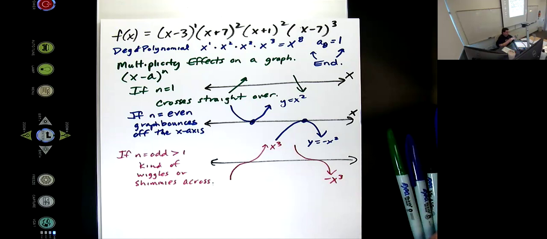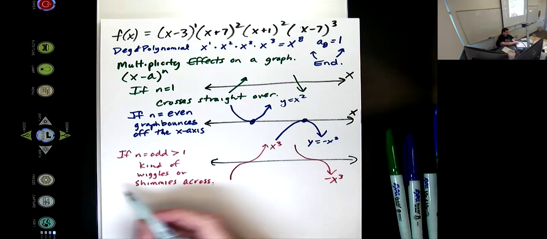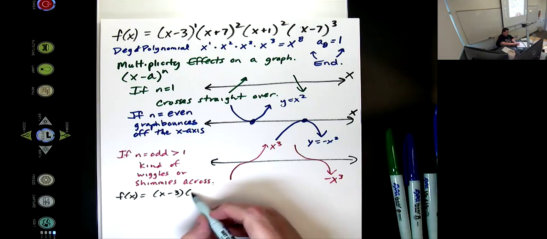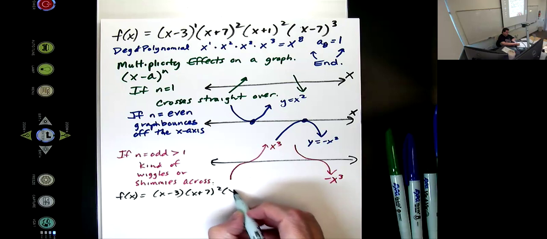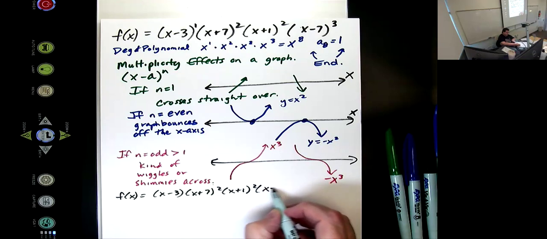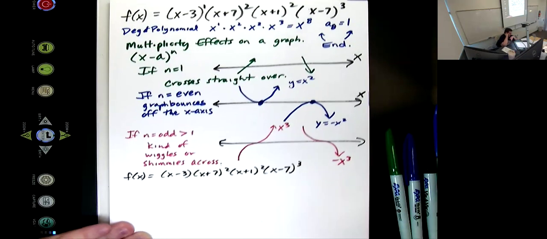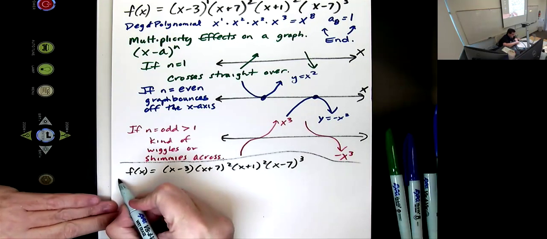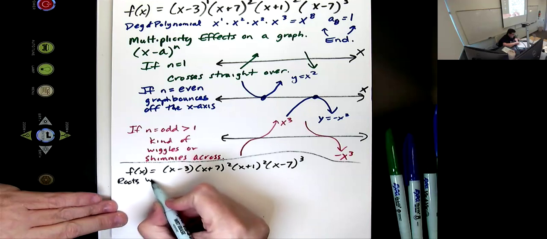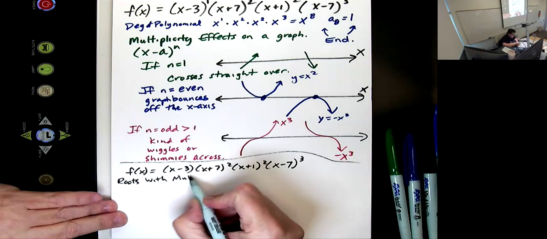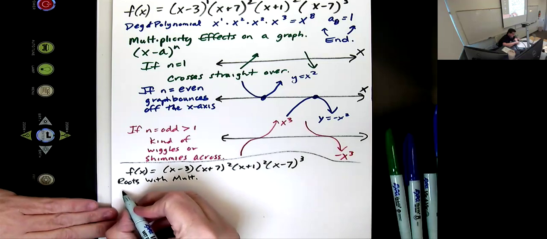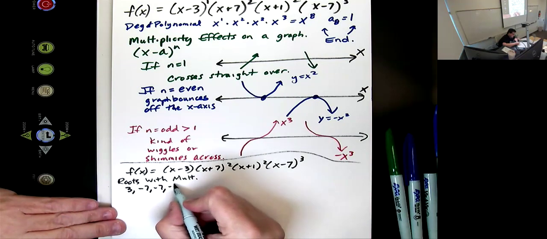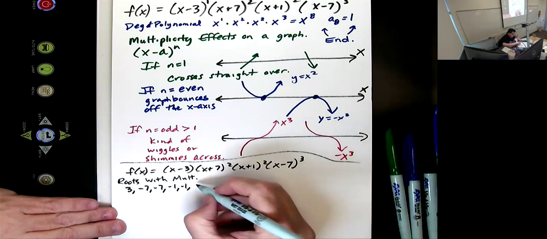So what are my roots on this? It could be a 3, 2 negative 7s, 2 negative 1s, and 3 7s.